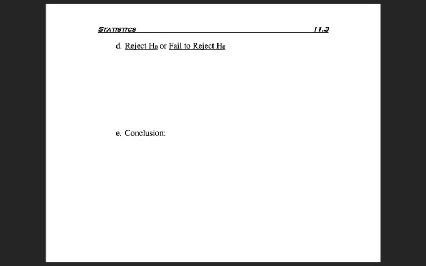Now we're ready to decide if we reject or fail to reject H naught. So I'm a visual person. I got to draw my right skewed curve because that's what we use for an F test. But the key is you have a number line starting at 0. My first value on a number line would be 0.18, which is my test statistic.